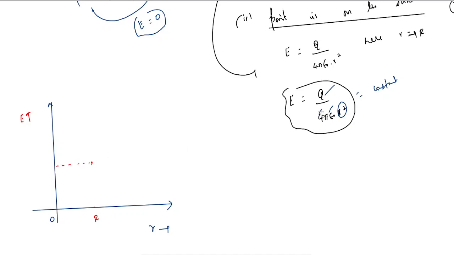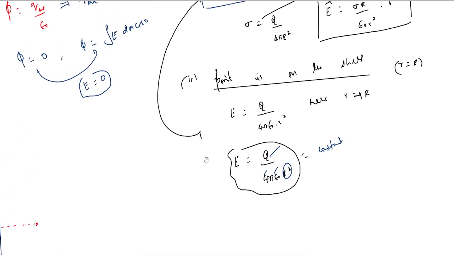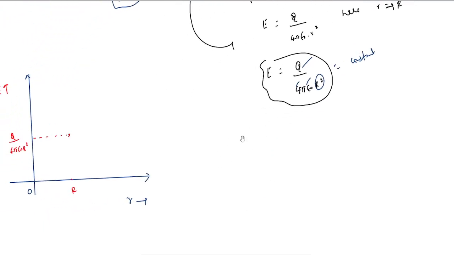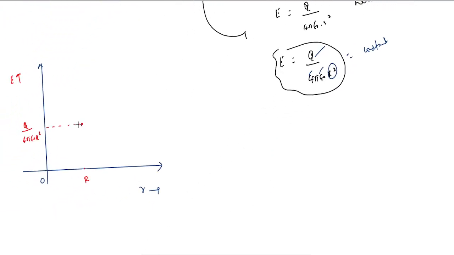That value would be Q by 4 pi epsilon naught r square, that's a constant. And then from there the field goes as 1 by r square. So the field decreases rapidly, it goes like this.